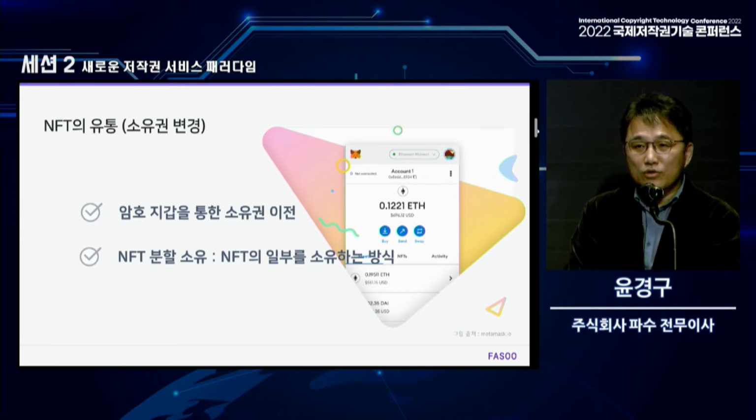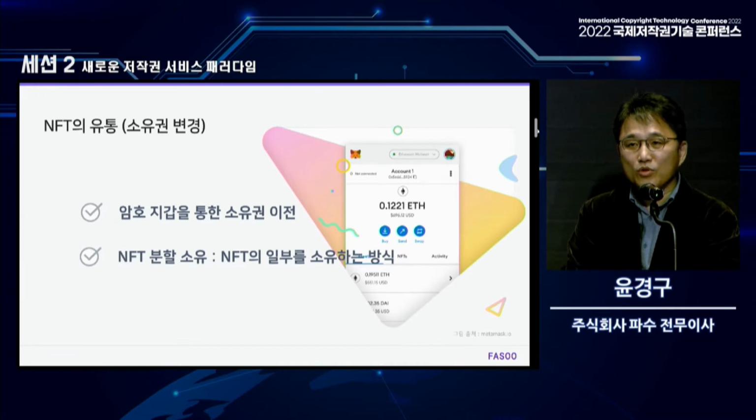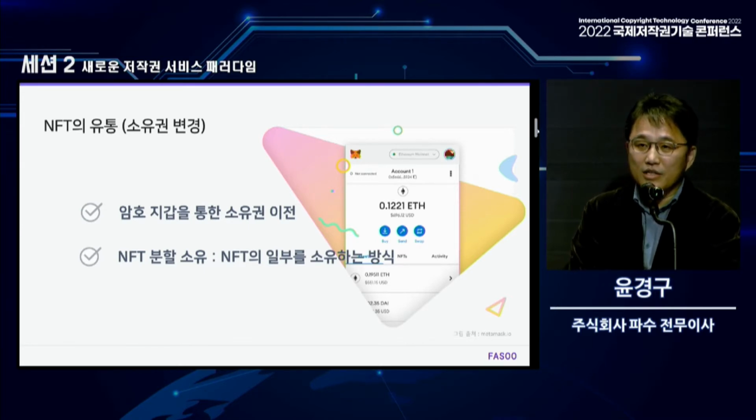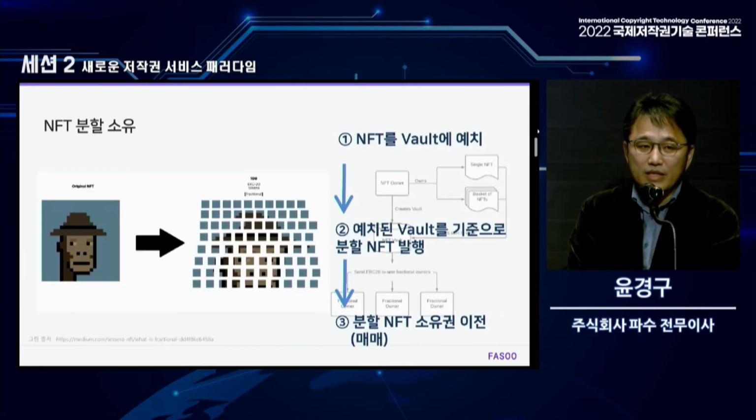What is interesting about NFTs is that they are always identifiable, so you can trade NFTs. Basically, you can use encrypted wallets to transfer ownership of an NFT, and you can also use more complicated and sophisticated financial transactions. You can split NFTs to own part of them. For example, this is one of the options you can use.